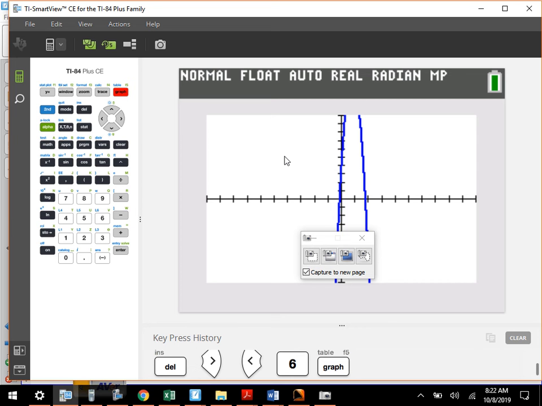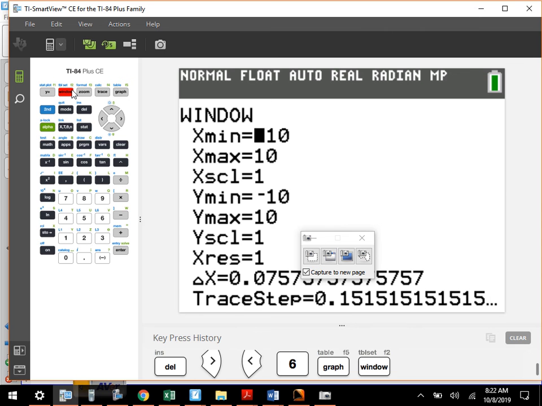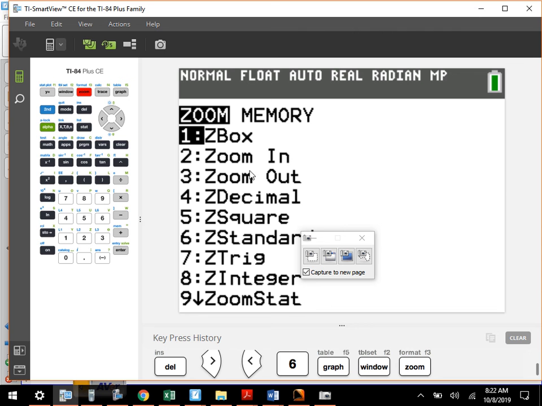Now remember, guys, with stuff like this, you'll have to mess with the window. The button that says window allows you to change your parameters. It's the second at the top, the white. So you could do window, and then you could change it here, or you could do a zoom. It doesn't automatically fit. If you want, you could do a zoom fit and zoom out from there.